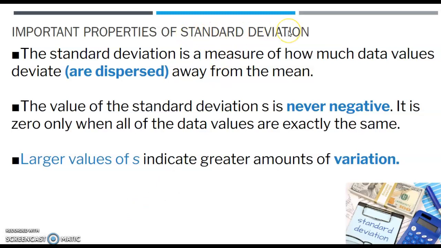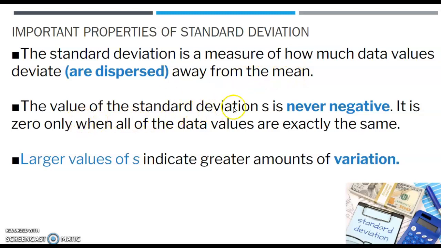Standard deviation is the single most important measure of variability, variation. And here are some important properties of it. It is the measure of how much data can deviate or are dispersed away from the mean. And the mean is a measure of center. So how close are your data points to the center, loosely speaking, of the data.